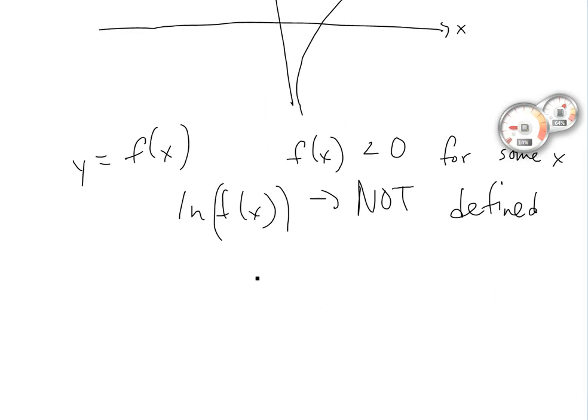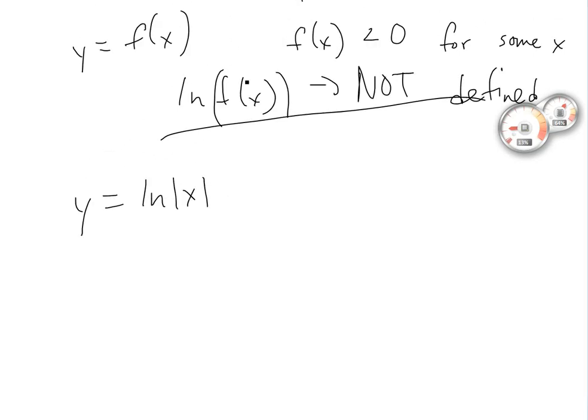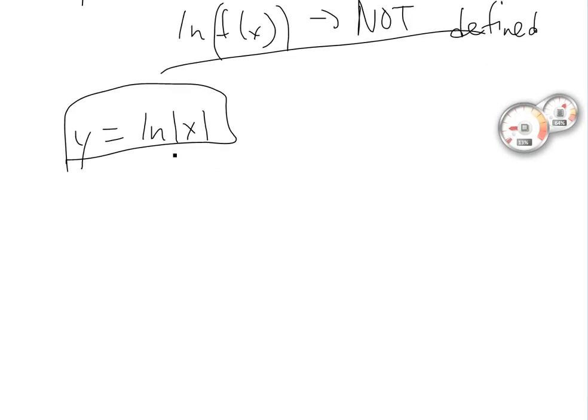But the good thing with ln here is that we can use the absolute value. If we have y equal to ln of the absolute value of x, to get the derivative, we just have to separate this into two functions.